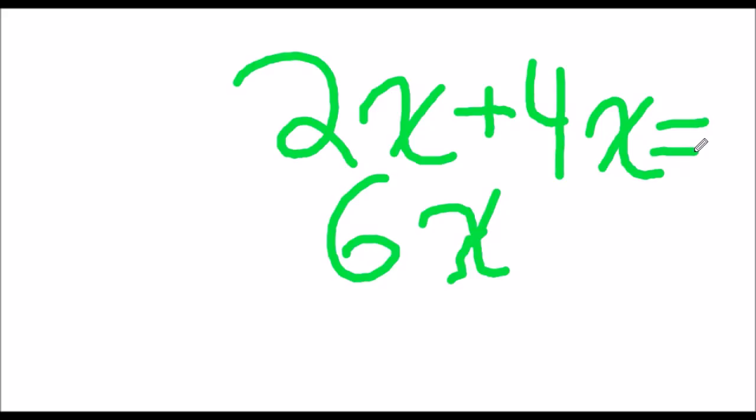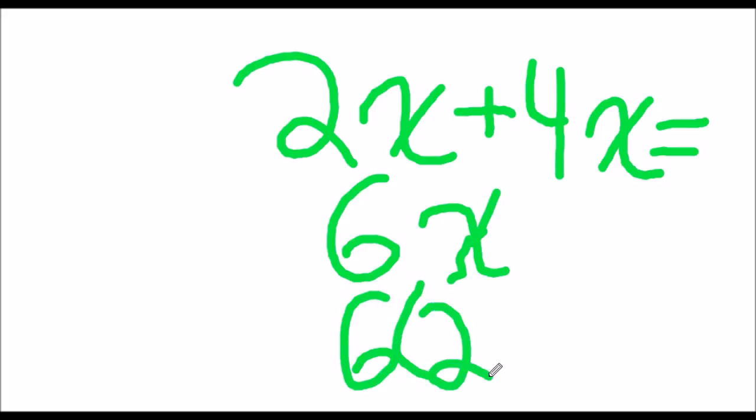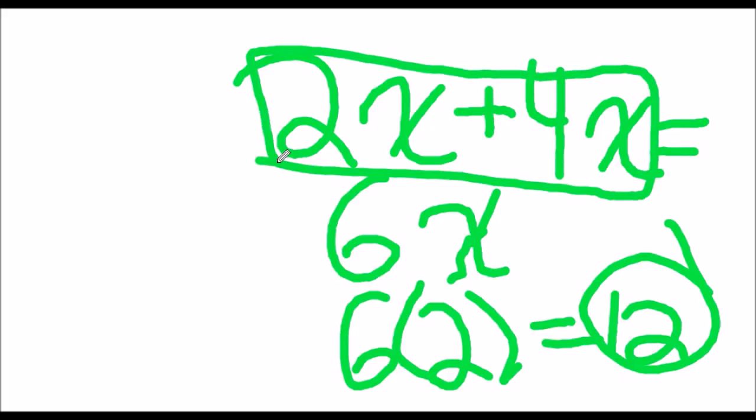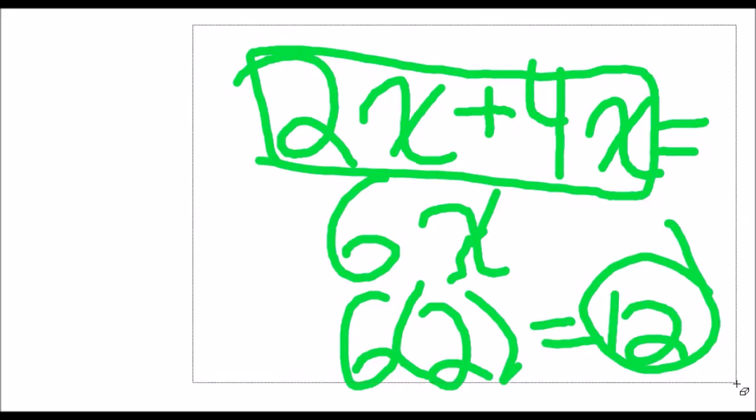But you know it equaled 12 before. 6x, when x is 2, 6 times 2 equals 12. Isn't that a lot easier to do? Yes. Did it take a lot less time than doing it when it was 2x plus 4x? Yes. That's why you call it simplifying. You're making it simpler, making it easier to solve, making it easier to use, making it smaller. So that's what simplifying an expression means.